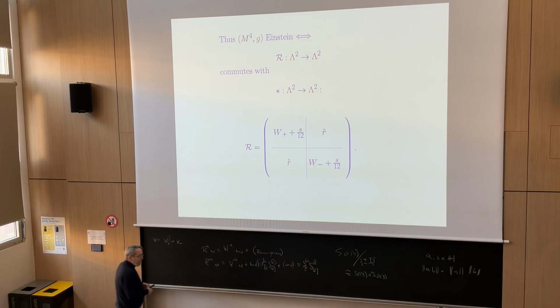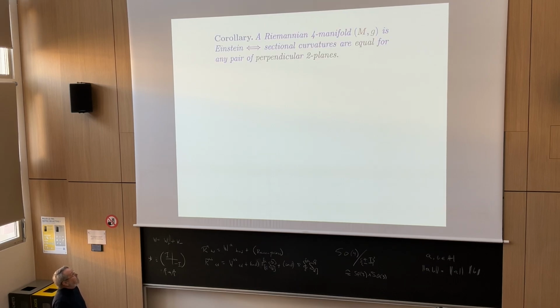The Hodge star in this picture really looks like the matrix. That's the Hodge star as a map from 2-forms to 2-forms in this picture, right? So having no off-diagonal piece is exactly the same as saying that it commutes with the Hodge star.